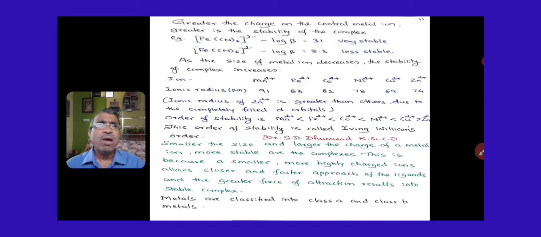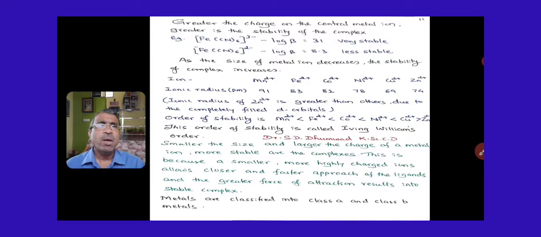From the log beta values, we come to know that the greater the log beta value, the greater the stability. Hence, the Fe3+ complexes are more stable than Fe2+ complexes.